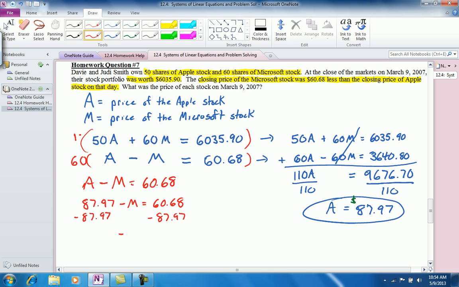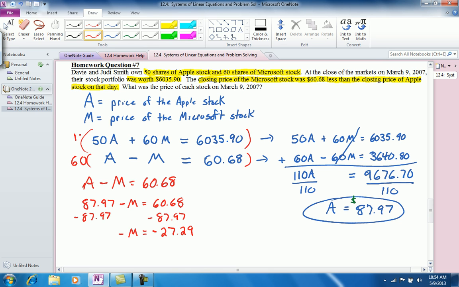And get negative M, careful with your negative there, equals negative 27.29.